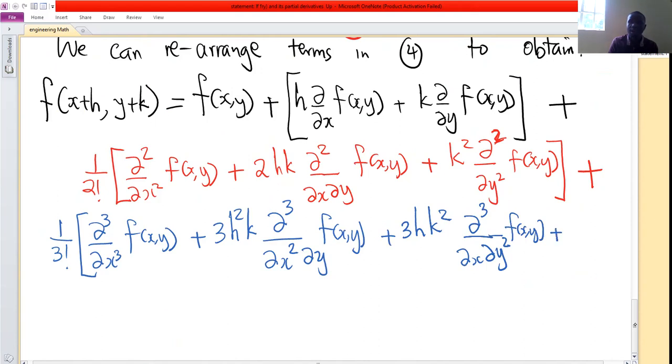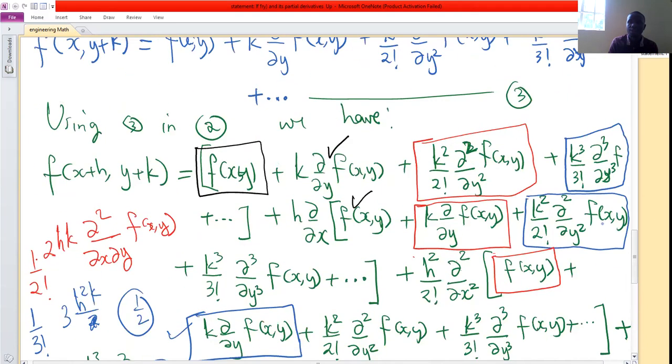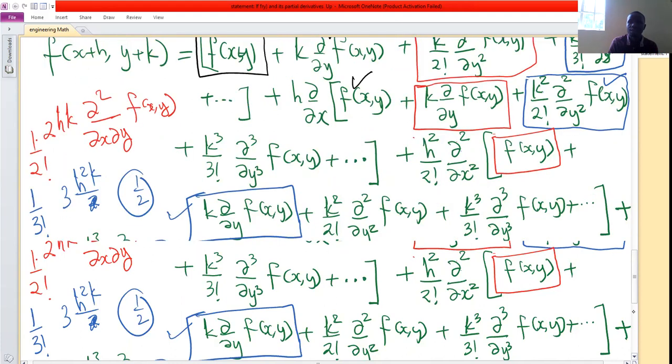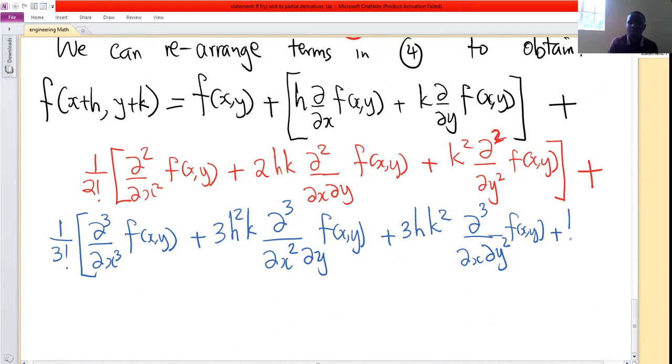Plus, now lastly, this is just this one here, k cubed, partial cubed, partial y cubed, and then the function at x, y, and then plus several other terms.